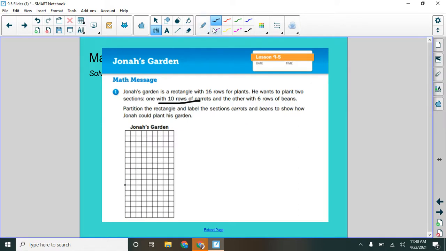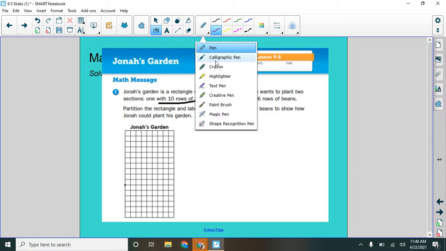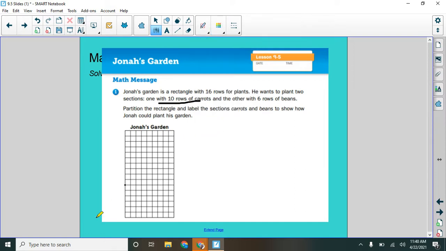I'm going to use my fancy line tool to draw a line straight across there. Watch out. It's going to turn nice and straight when I'm done here. Oh, well, kind of. Straight enough, right? So we have 10 rows of carrots.